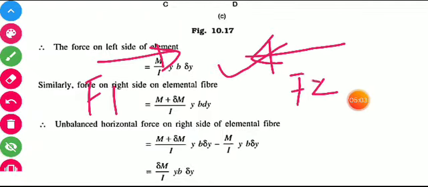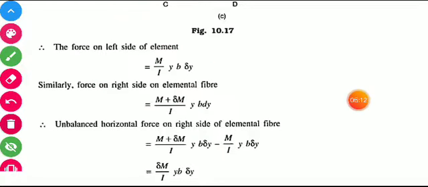F2 magnitude will be higher because some small element del M is included in the moment due to this dx length. So when we want to know the effective horizontal force, we put the equilibrium condition, sum of F will be equal to 0.